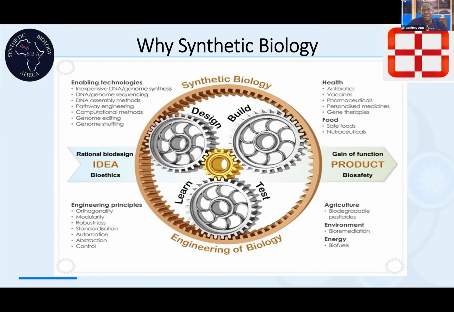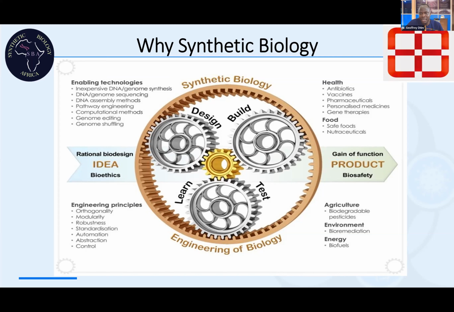We have health. We can apply it to get new antibiotics, also to come up with new vaccines. RNA vaccines that are currently being used for COVID came because of some of the technologies within synthetic biology. And also having safe food, because we can also apply it to enable us get quality and enhanced yield of foods.